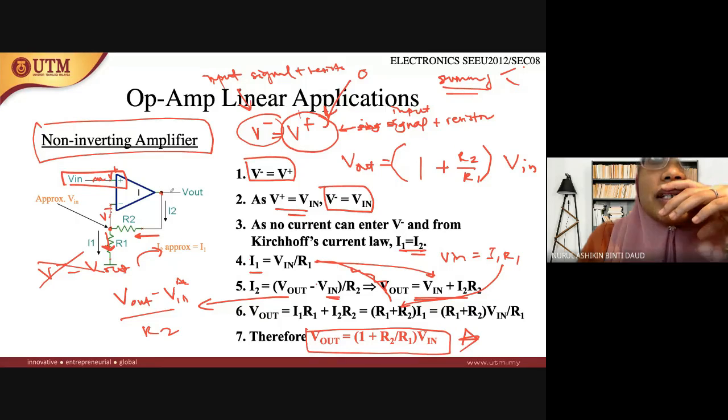V out is positive, because it is positive and then it flows to this negative.